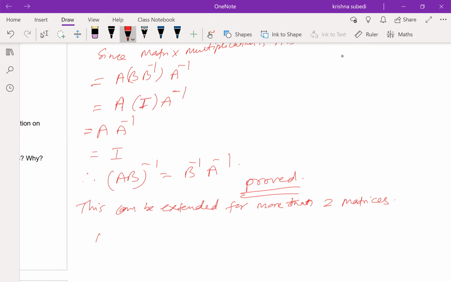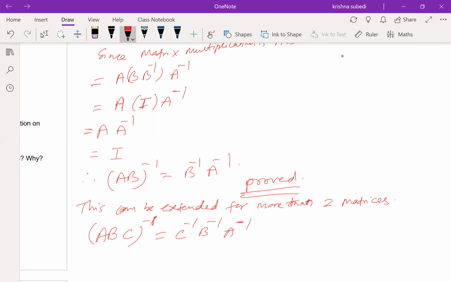For example, if I have ABC inverse, what does that mean? According to that property, we can write this as C inverse B inverse A inverse. And this is also true. So we can extend this to more than 2 matrices. Just keep that in mind. For transpose as well as for inverse, the order will reverse.